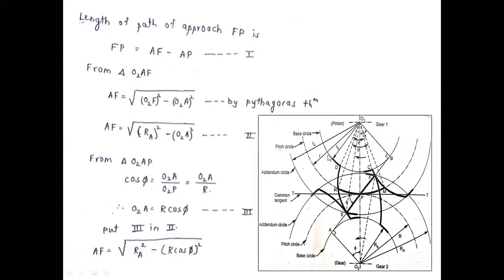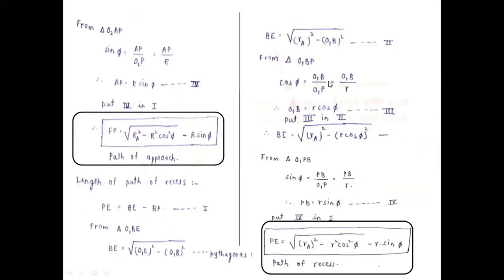This O1P is nothing but small r, the pitch circle radius for the pinion. So O1B is equal to r cos phi. Putting the value of r cos phi in equation number 2, we are getting the value of BE as under root RA square minus r cos phi bracket square.